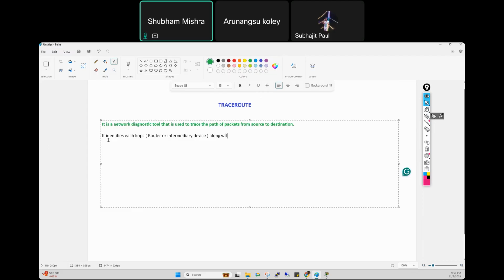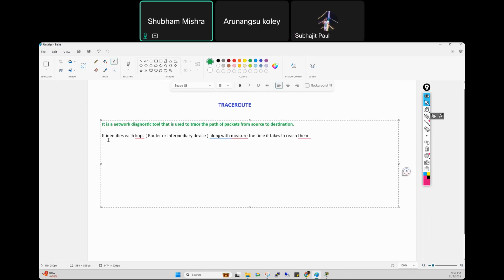Along with that, you also get the time it takes to reach them. Meaning, your packet takes how much time to reach from one hop to another hop. So these times you will also get. That is the use of traceroute.